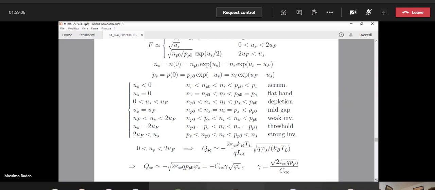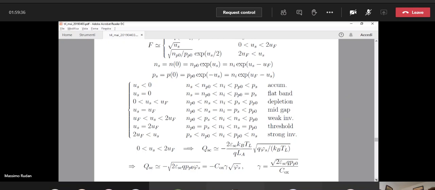You remember, we are in the equilibrium condition. And we assume the non-degeneracy condition. So the concentration of the electrons at each point of the semiconductor is NP0 times the exponential of Q phi over KT, or exponential of U if we are using the normalized variable.